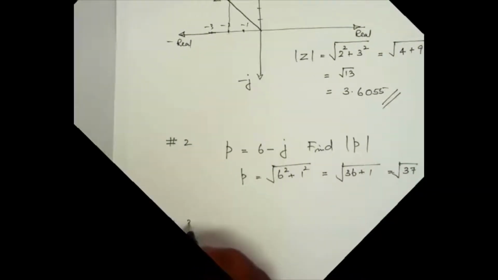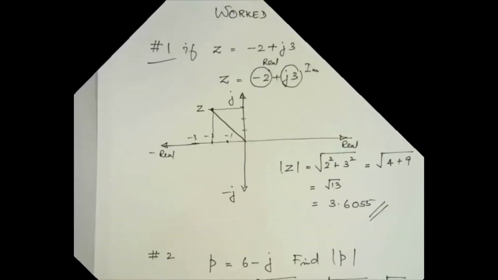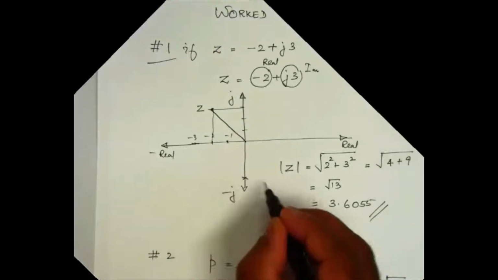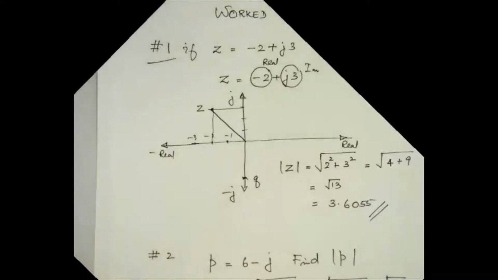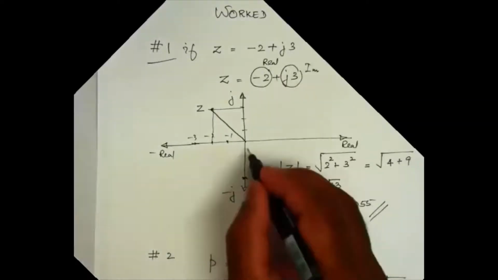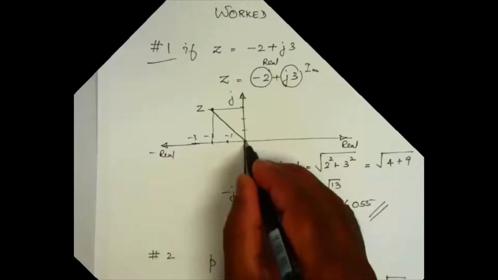Similarly, if you take the third one, q is given as simply -5j. So if I use these earlier coordinates, you will see this -5j, say this point q, lies somewhere there, so it is lying on the negative j axis. So the magnitude of that is simply that.